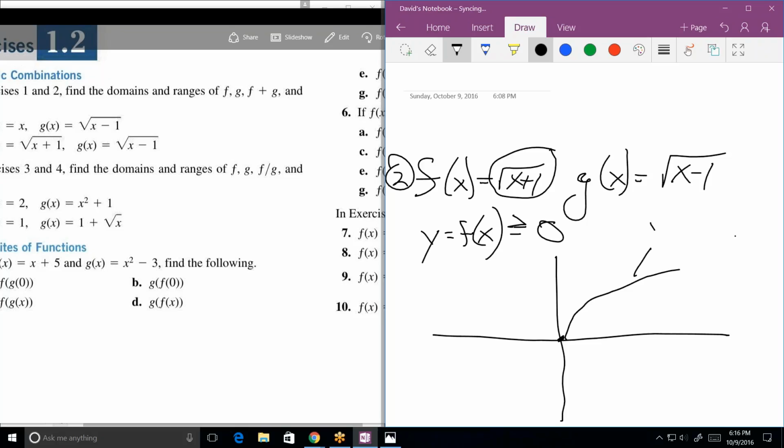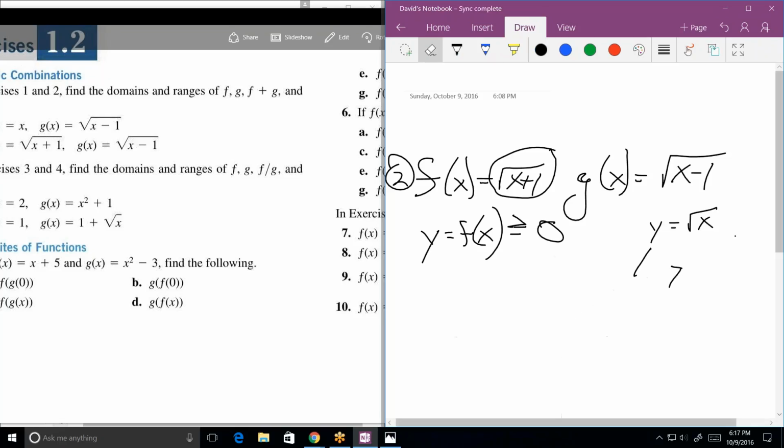In other words, that's y equals square root of x. And you can see what the range is from the graph. It's greater than or equal to 0. That heads to infinity in the x direction. So the secret on range for radicals is the square root of that has to be positive.